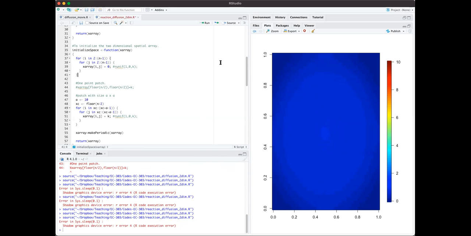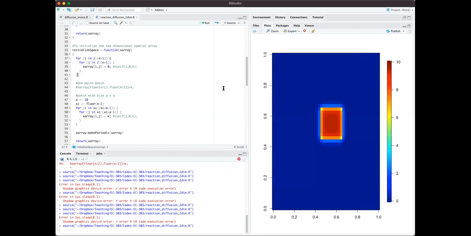Let's make it maybe 10 by 10. See, it's a huge perturbation now. The strength of perturbation at each location is the same, but the area is now huge. What happens now?